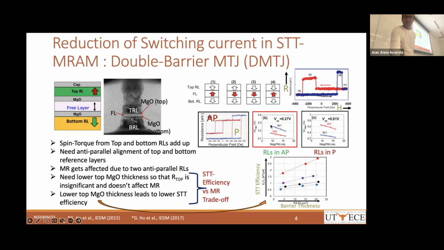Whereas if they are in anti-parallel configuration, we see the critical voltage to switch reduces rapidly to 0.27 volts. So this gives us confidence that to increase the STT efficiency, we need the reference layers to be in anti-parallel state.